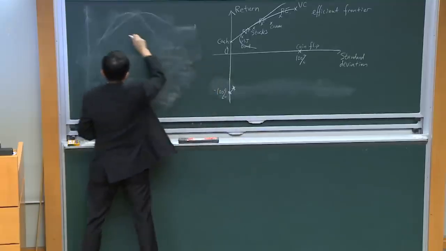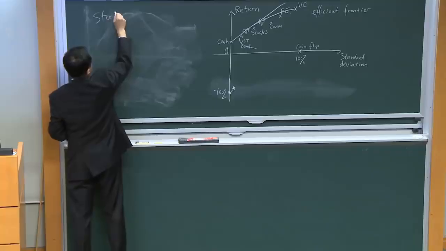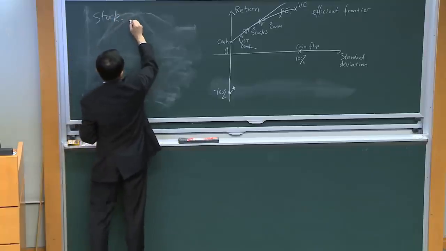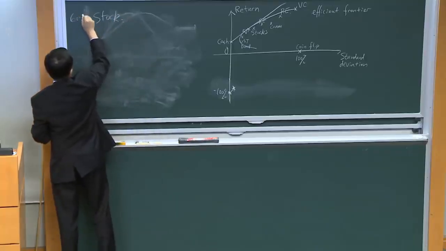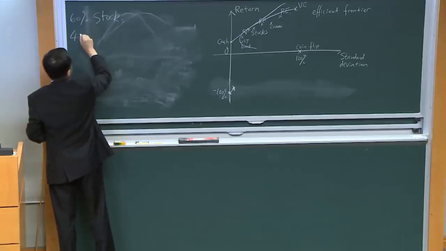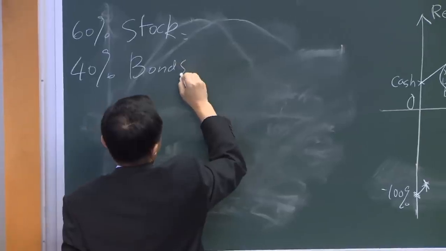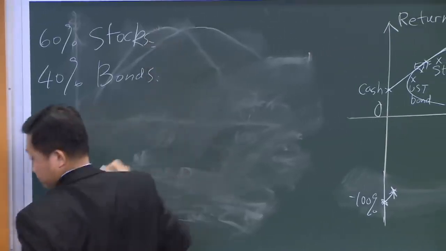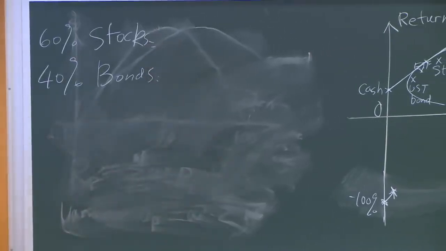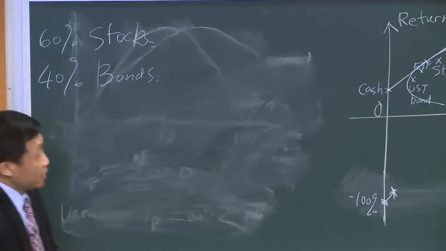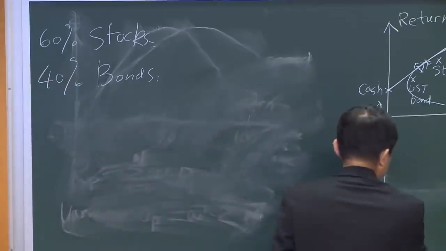So again, two assets. Stock has, let's say, 60%, and 40% bonds.